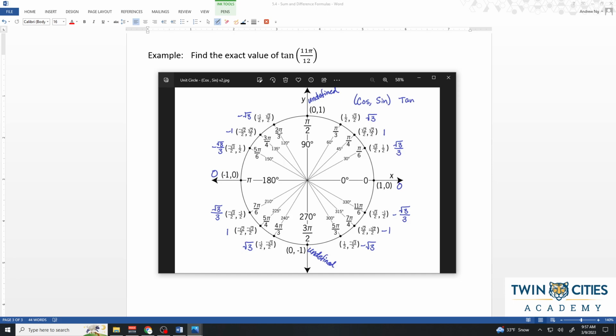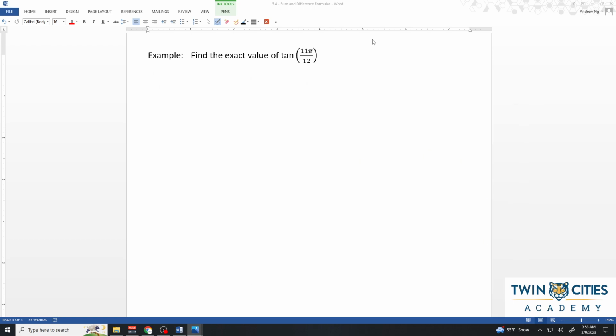So I'm going to do tangent of u plus v, where u is 2 pi over 3 and v is pi over 4 in order to get me to 11 pi over 12. So I want the tangent of 2 pi over 3 plus pi over 4.